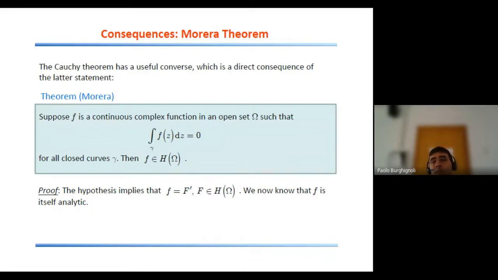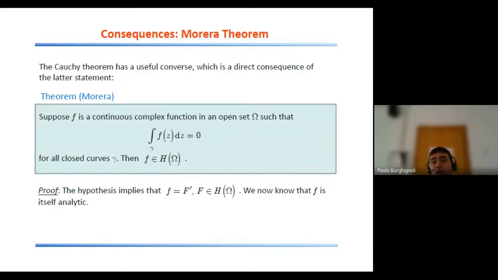Morera's theorem tells you the opposite. If you know that a continuous complex function in an open set is such that its integral along any closed path is equal to 0 for all closed curves, note that this must be true for any choice of a closed path, then you can conclude that the function is analytic.